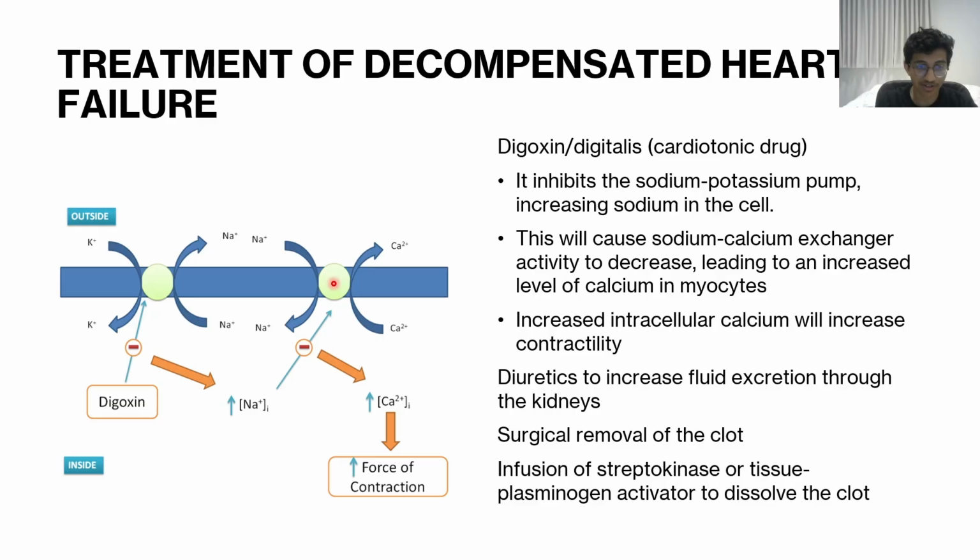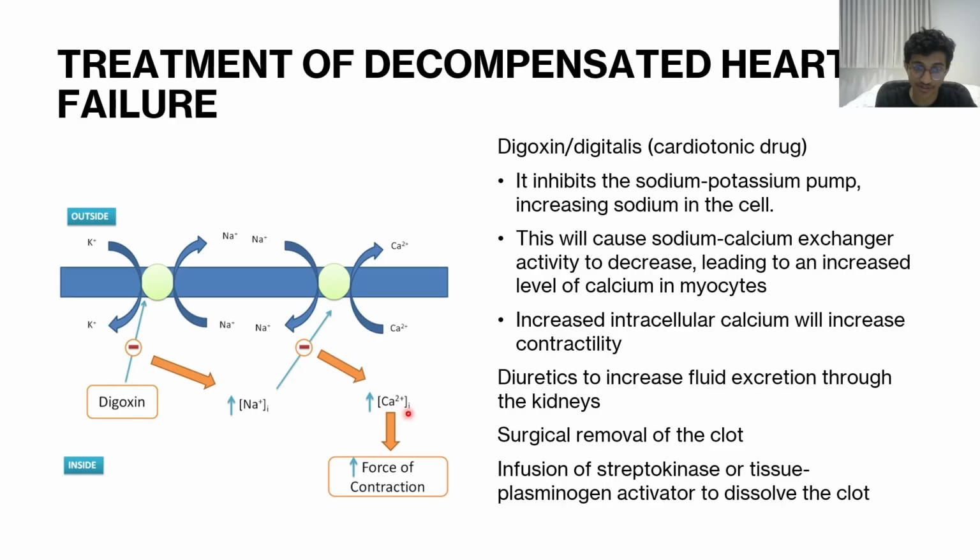The sodium calcium exchanger is supposed to bring sodium in, but now it's gonna see that there's lots of sodium in, so why would it work? And it's supposed to kick calcium out. If it doesn't pump sodium in, it won't pump calcium out, so calcium will also accumulate inside the cell.